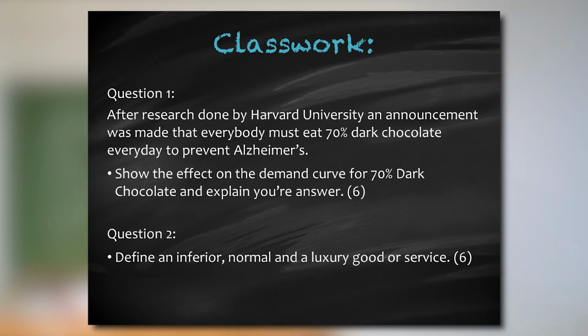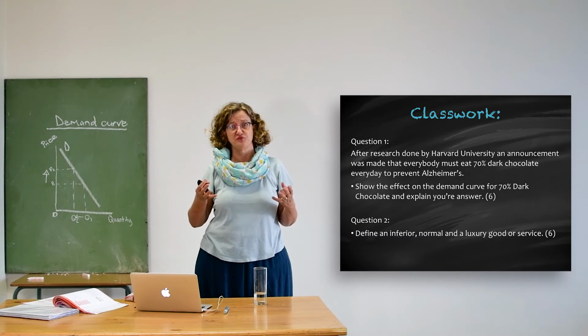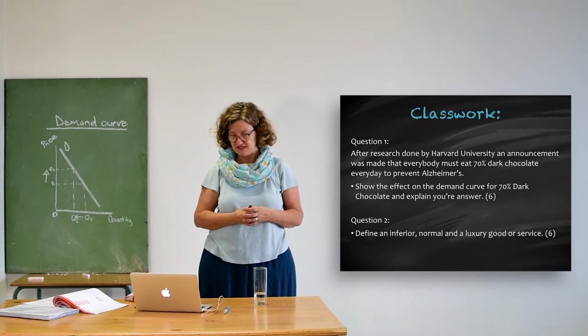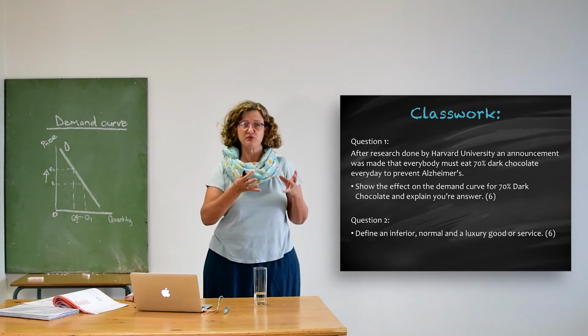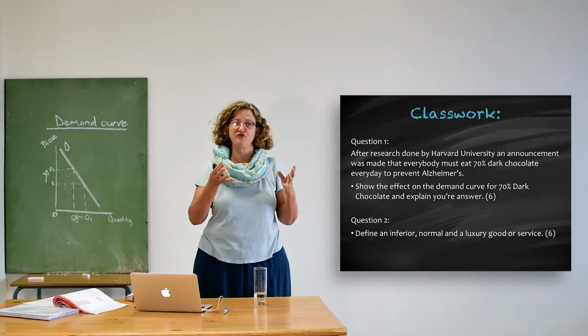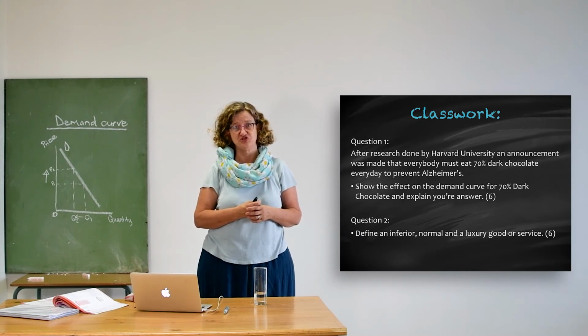So the question is, show the effect on the demand curve for 70% dark chocolate and explain your answer. Now you must use the previous information where we showed you the change in the demand curve and then show how this demand curve will change and explain it. In a question like this, you see it counts 6 marks. 3 or 4 will go to the graph that you draw, and 2 marks to your explanation.